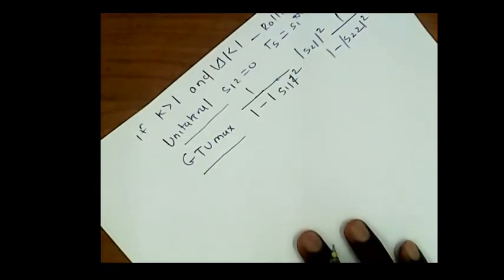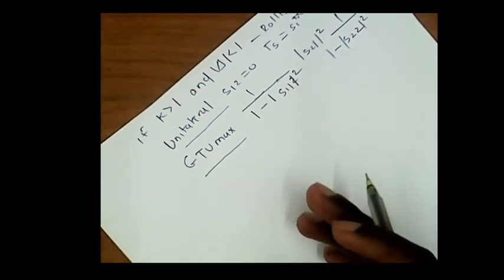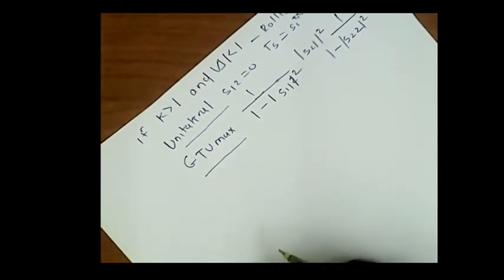The maximum transducer power gain is given when source and load are conjugate matched and the transistor is unconditionally stable, so K is greater than 1, and we can rewrite this equation in terms of unconditional stability.